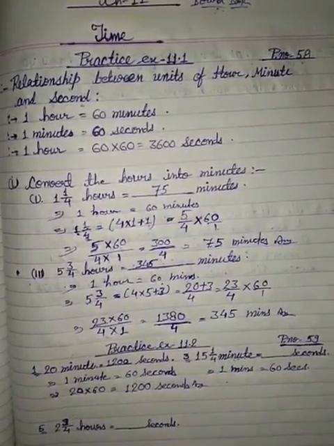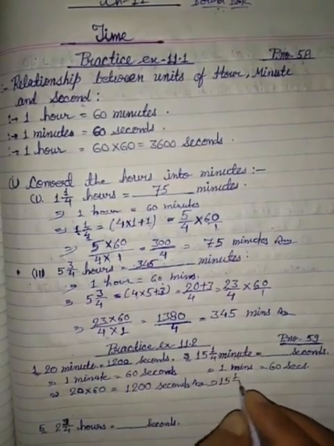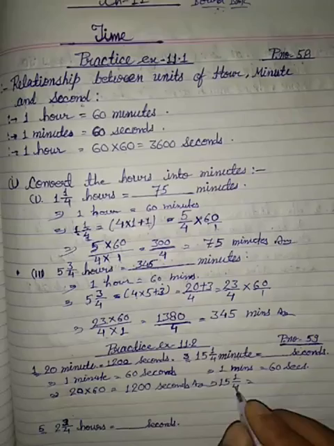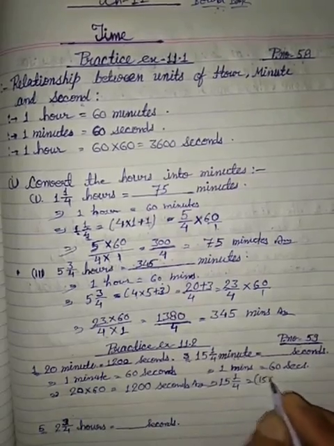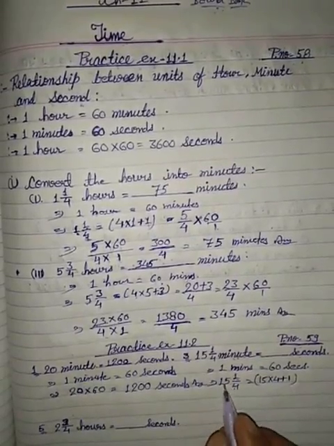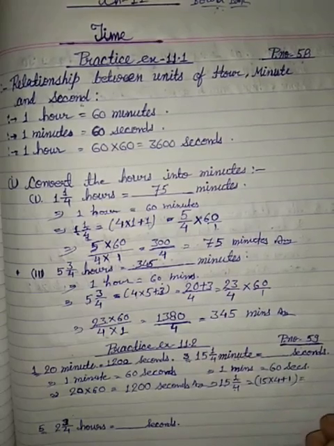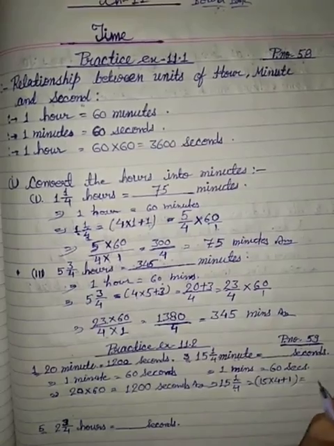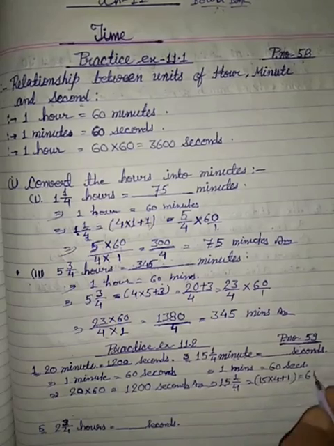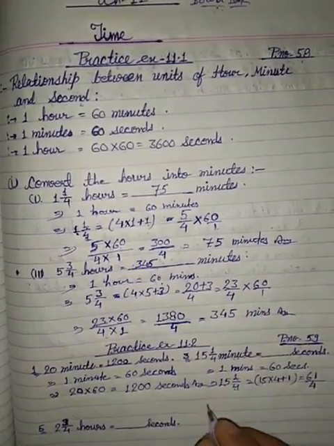Now convert the mixed fraction into a fraction. So 15 multiply by 4 plus numerator 1. 4 multiply 15, 4 fifteens are 60. 60 plus 1 is 61 upon the denominator, which stays the same, 4.